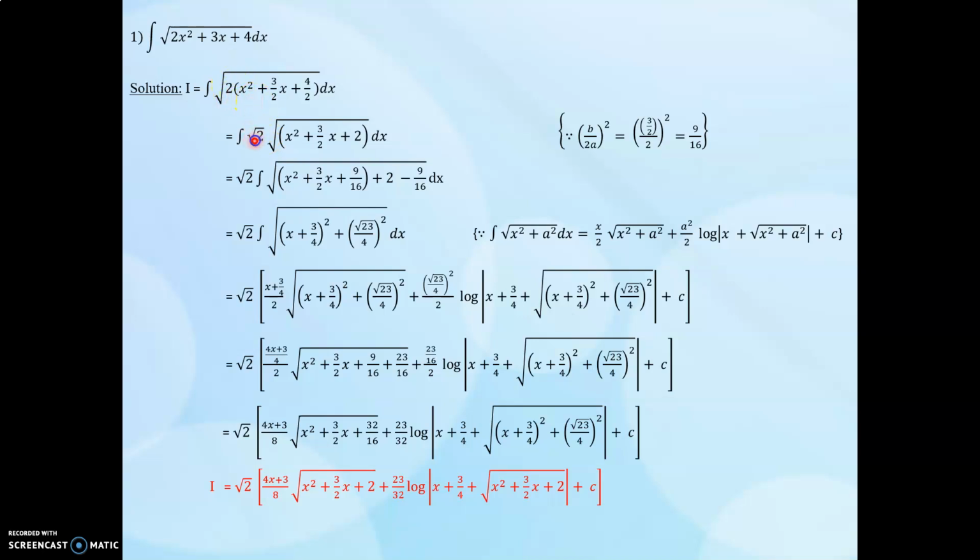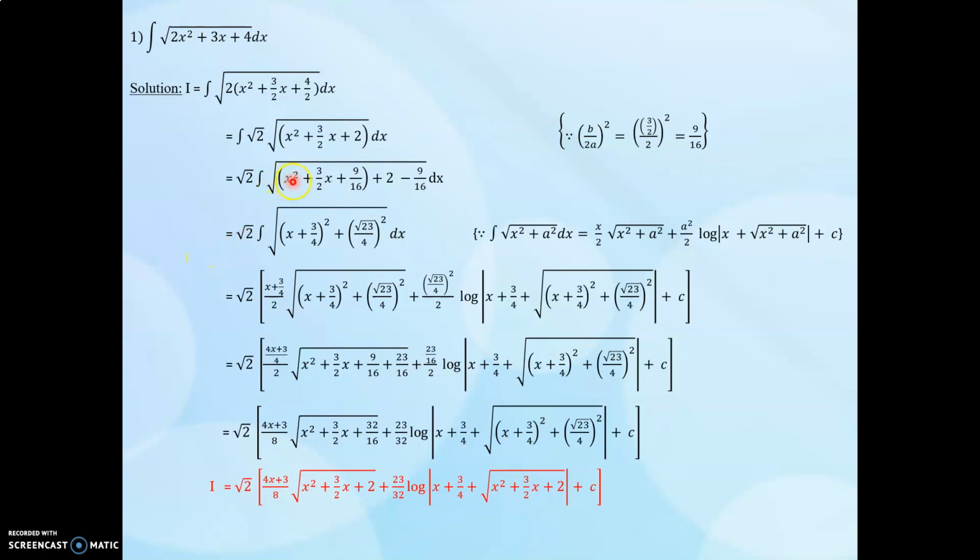So integral root 2 into root of x square plus 3 upon 2 x plus 2 into dx. Now we are applying this formula here. So here b value is 3 upon 2 and a value is 1 here. So b upon 2a whole square is 9 upon 4 into 1 upon 4, that is 9 upon 16. So we are adding and subtracting this number.